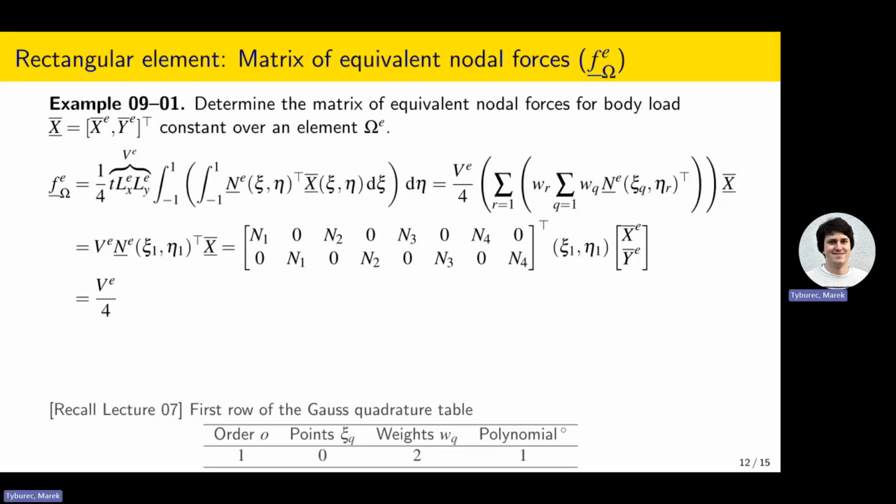So indeed, you get V over 4 times w_r and w_q, which are also 4. So we can actually calculate it out. And then we have summation over these shape functions that we need to evaluate at the points psi and eta, and these points are 0.